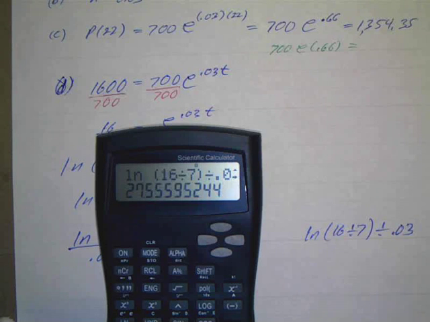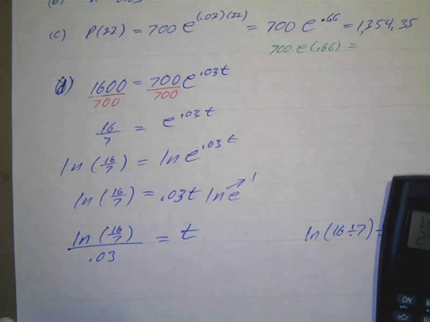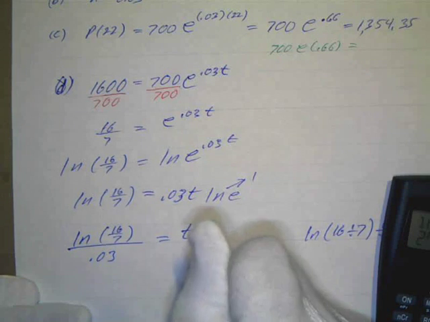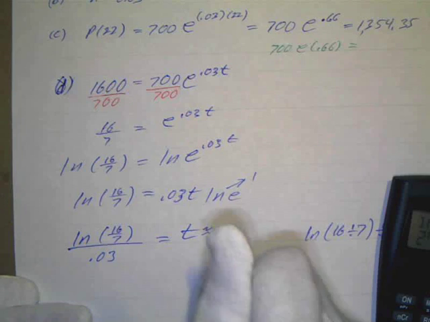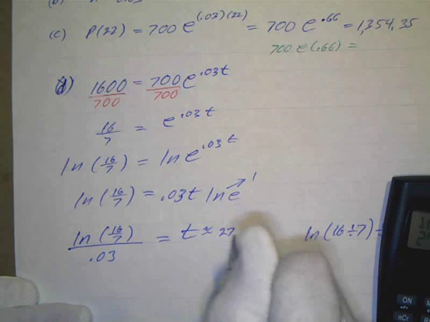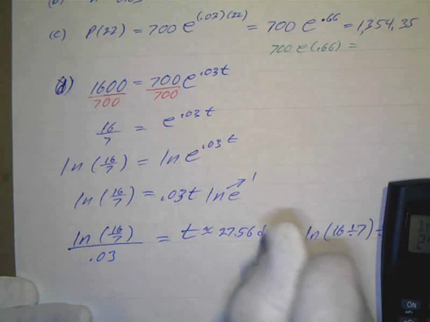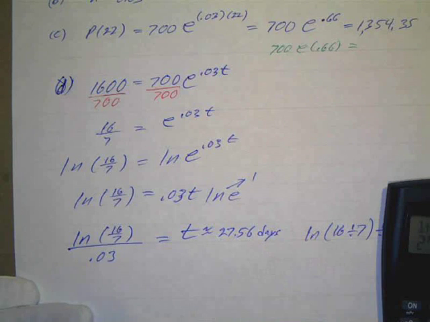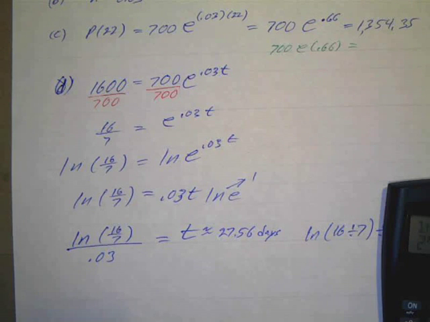All right, 27.56 if you round off because you got 0.555. So about 27.56 days. Okay.